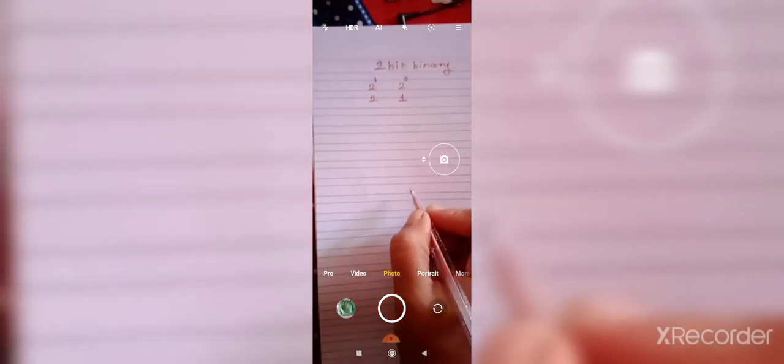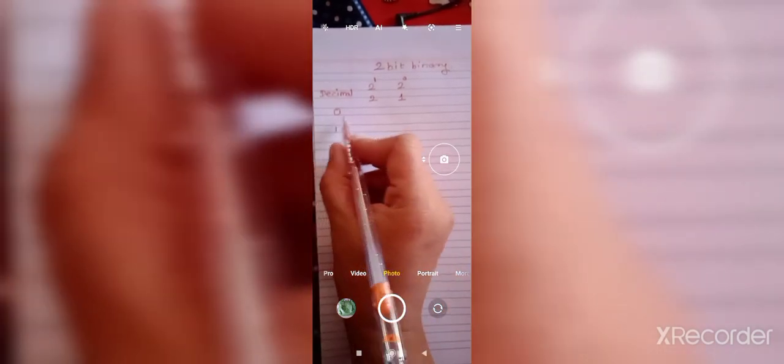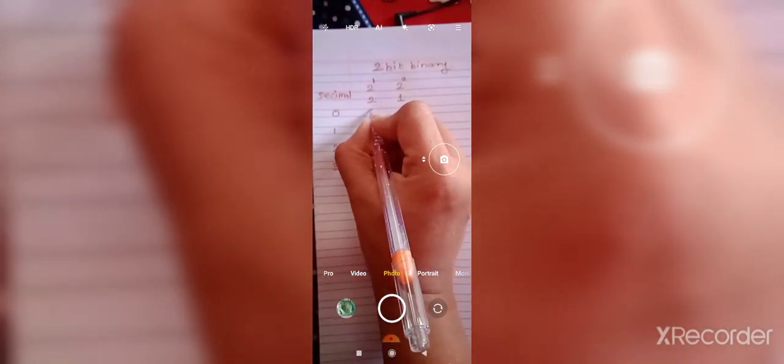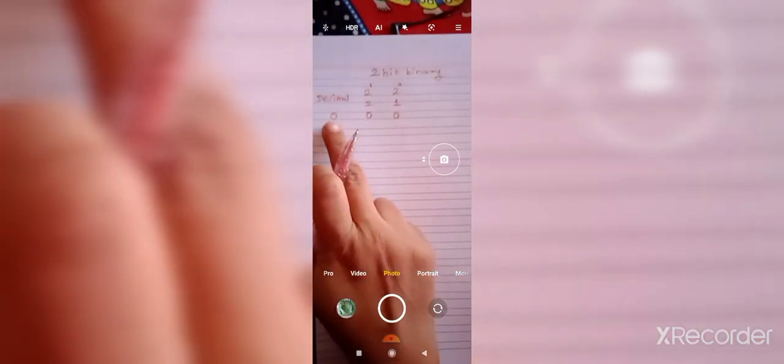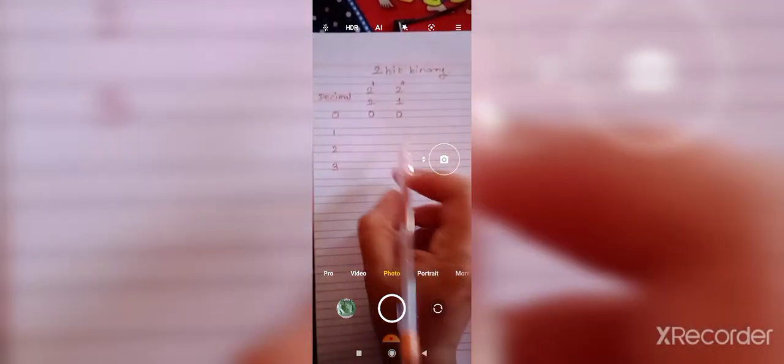Now you have to write decimal 0, 1, 2, 3. So how will you write decimal 0? Make both digits 0, 0.